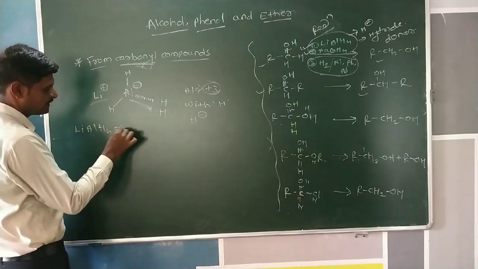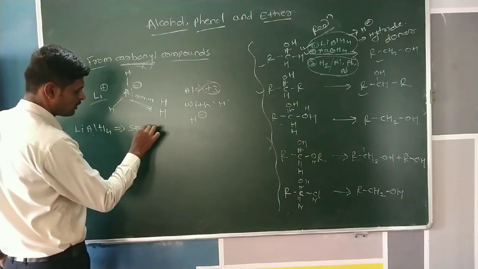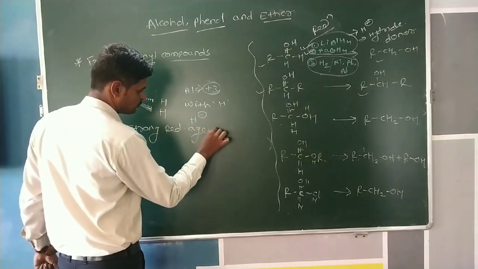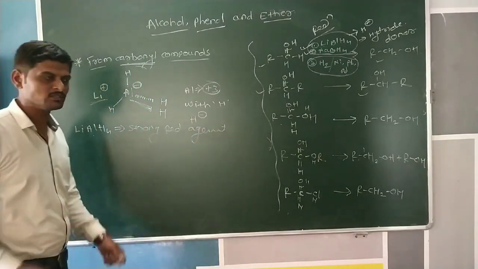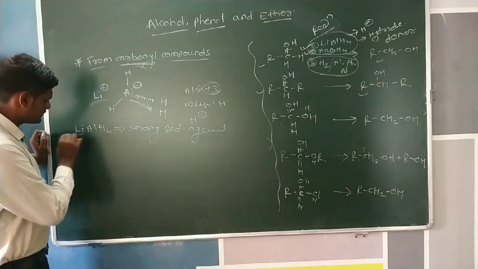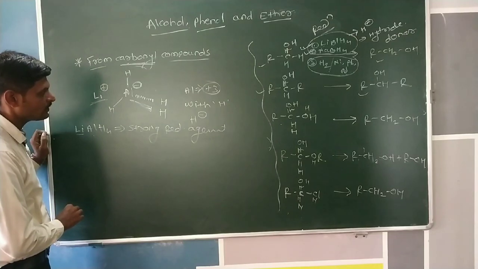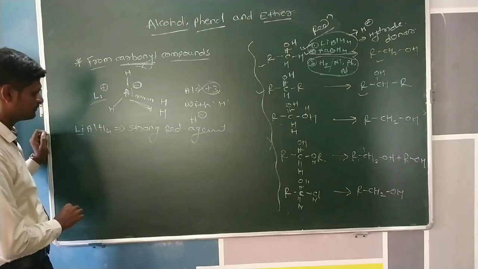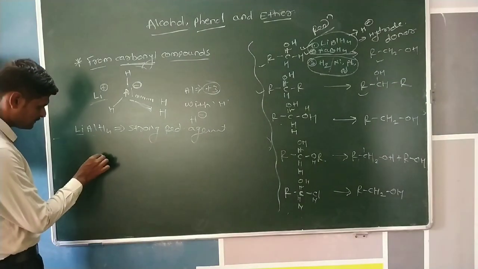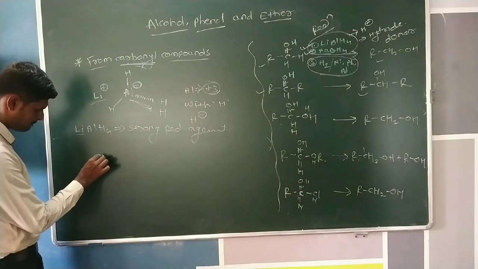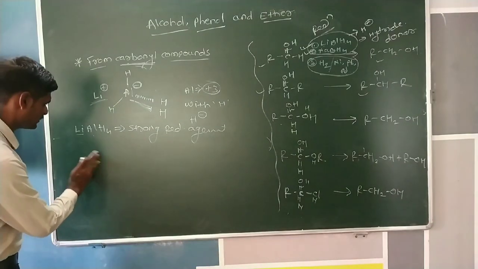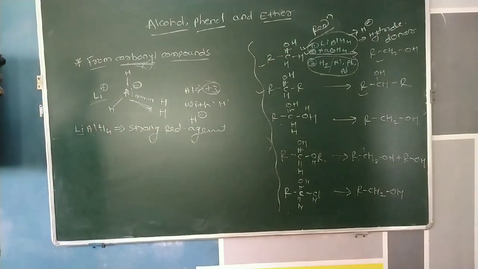Lithium aluminum hydride acts as a stronger reducing agent than sodium borohydride, and the main reason is the size of the central metal atom. We consider aluminum, the central metal atom.